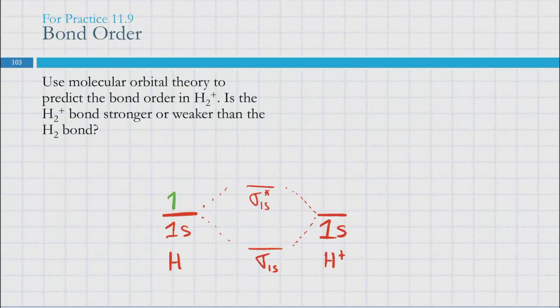And then we'll put our electrons in starting from the bottom. We just have 1 electron, so that's pretty easy. So we've got how many bonding electrons? 1. We have 1 electron in that bonding orbital. And how many anti-bonding? 0. And we divide that by 2, so our bond order is 1/2.